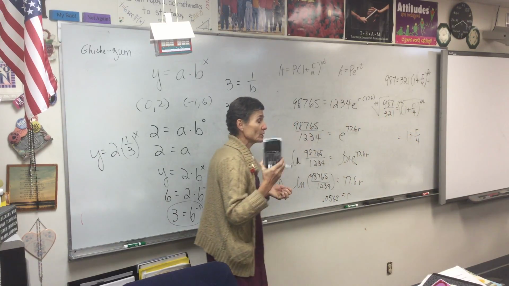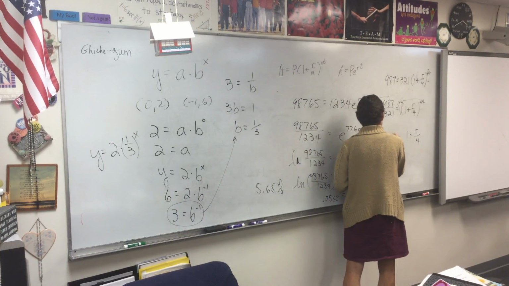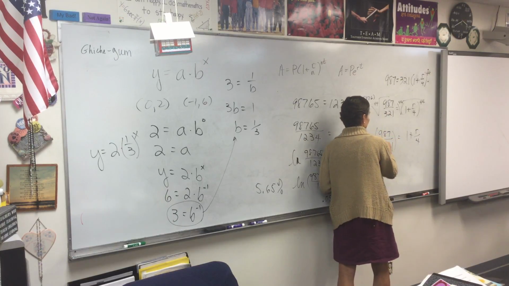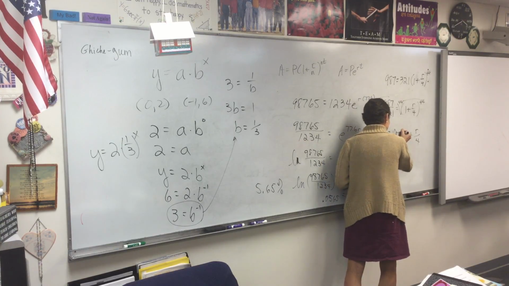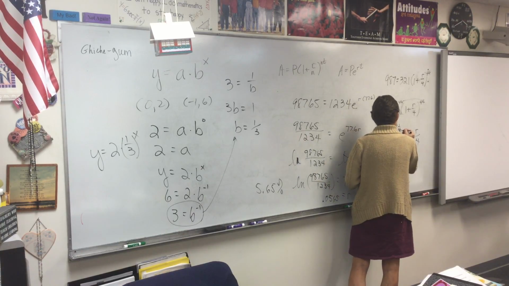Now, I actually can do a 44th root on my calculator, but I find it a hassle personally. So instead of taking the 44th root, I'm going to raise this to what power? The 1/44th, right.